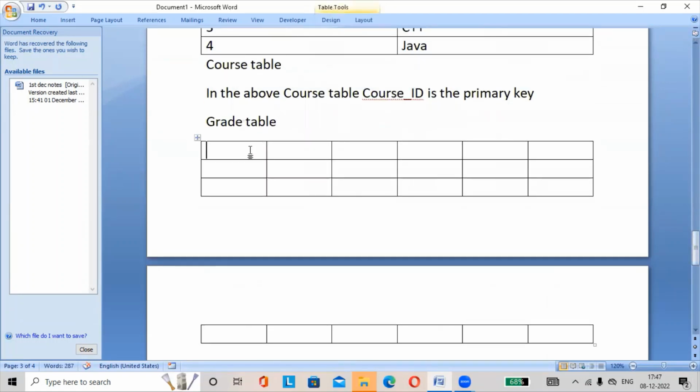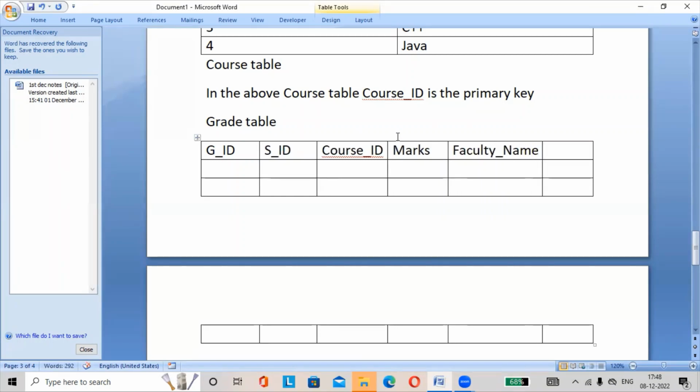Here, the first column is grade ID. Next is student ID. Next one is course ID. Next is marks. Next is faculty name. Okay, this is enough.